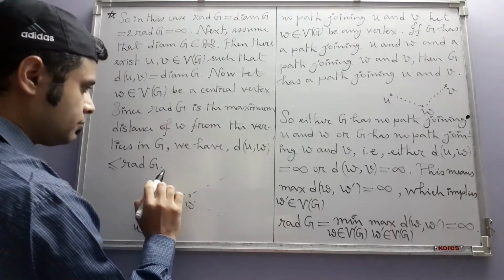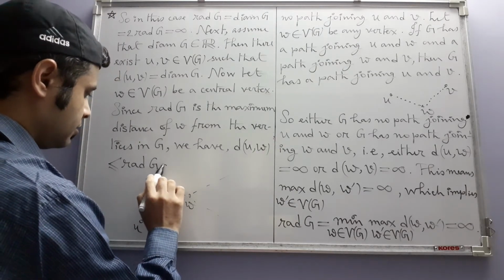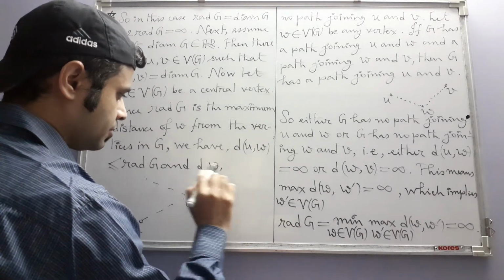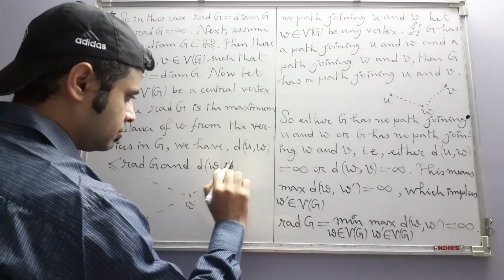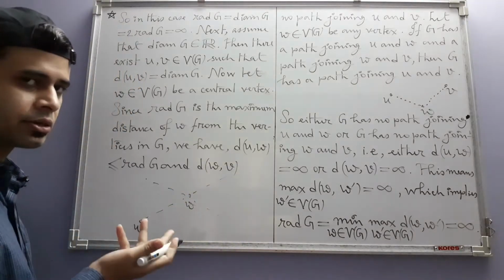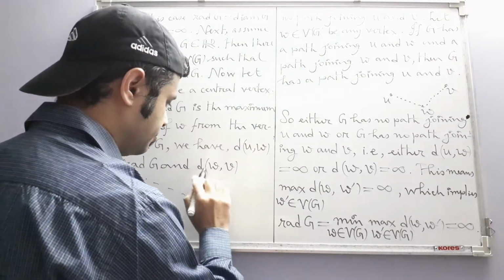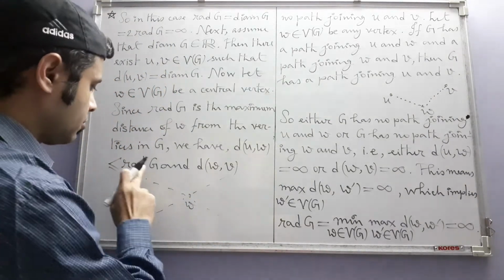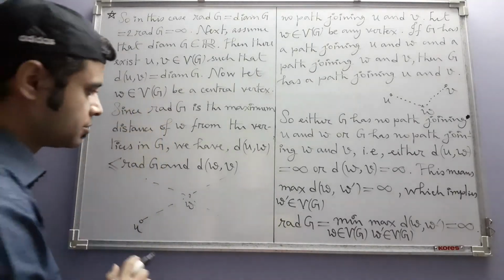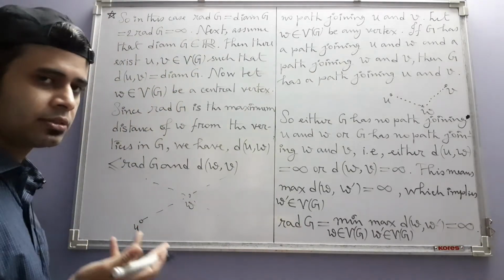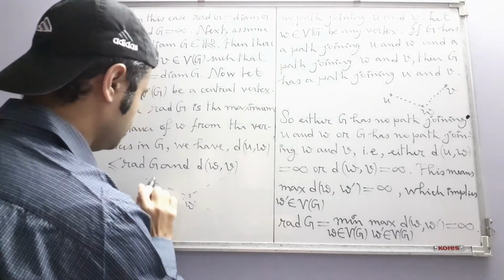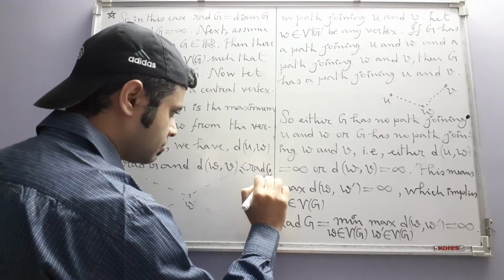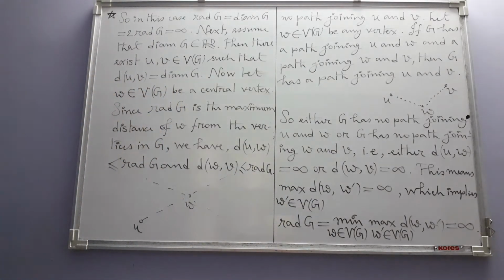Okay. And similarly, the distance between W and V, you can also write V and W, it does not matter, it's the same, because this D is after all a metric on the set of vertices, making the graph a metric space, if you know what these things mean. And this is also less than or equal to the radius of G.